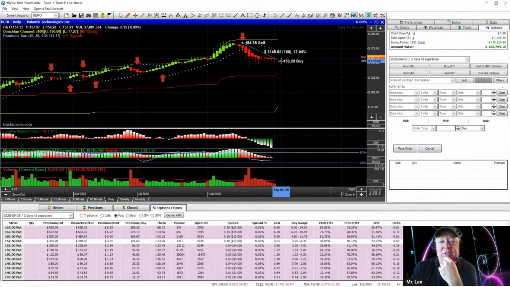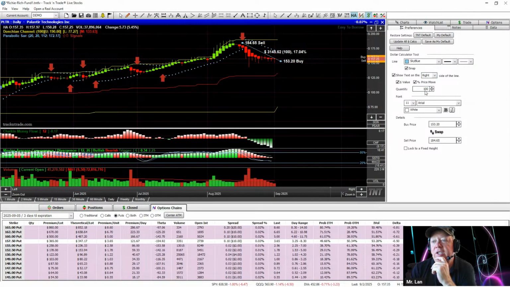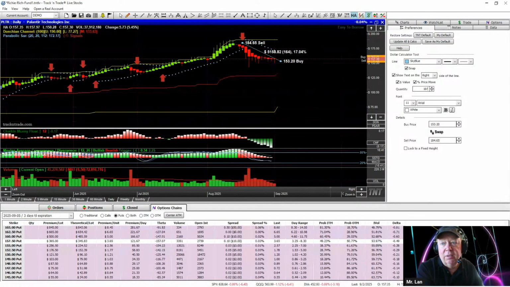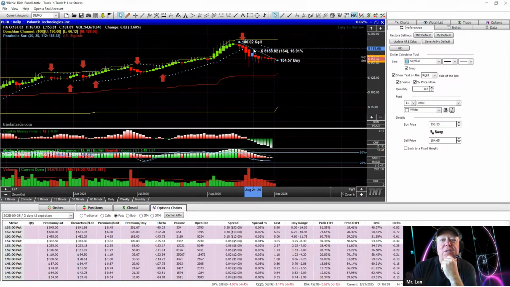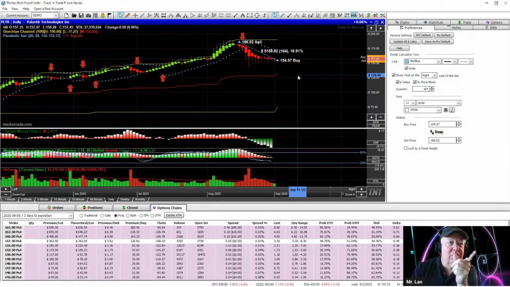How much was this? If we were coming in, let's go to our preferences, and we're going to change that over to how many shares did we have? 164. So if that was 164 shares, that was a $5,000 drop on our 164 shares, but not really, because that's over in PLTR.